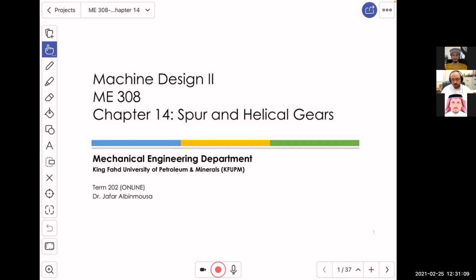So this concept of self-development is very important, which means we are going to talk about the spur gear and helical gear here, strength and life and stress and so on. But we will assume that if you understand that, you will be able to go and find the same analysis and understand it for any other type of gear.